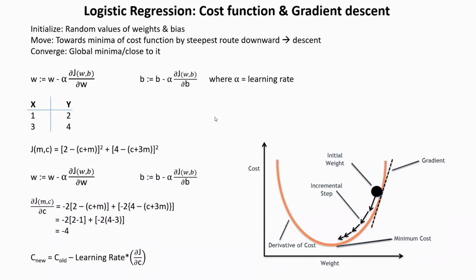Whether it will add to your weight or subtract from your weight is immaterial, but with every iteration it will essentially go downwards. If it is on the left side, it will add up such that the cost decreases. If it is on the right side, it will subtract such that the cost decreases. So cost will decrease in both scenarios, whether you add to the weights or subtract from the weights.